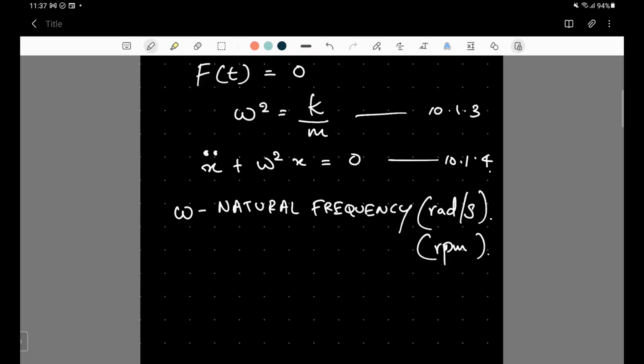So the motion defined by this equation, that is 10.1.4, is called a simple harmonic motion.